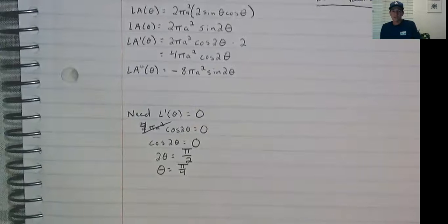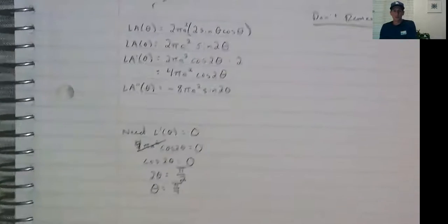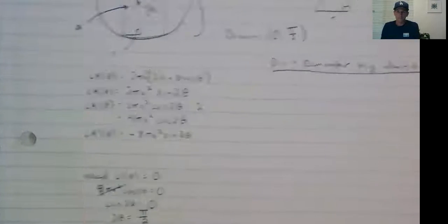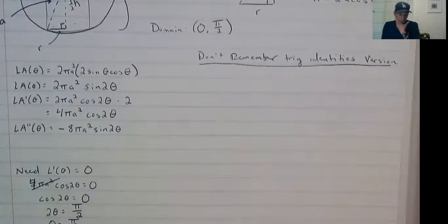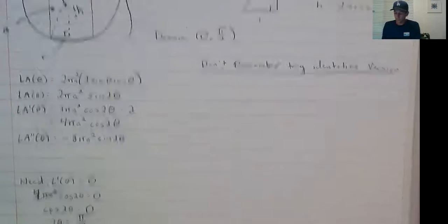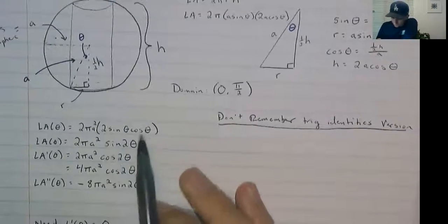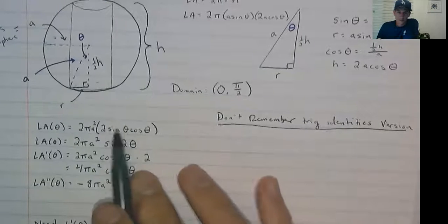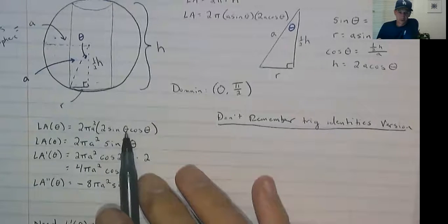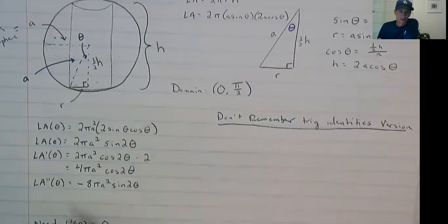Okay. Now you might be thinking, okay, well, that went pretty smoothly because I remember my trig identity. What if you didn't? We have this whole right side of the page to muddle through that process, and it will be muddling, let me tell you. So if you reach this point in our process and you're like, yeah, sine of 2 theta or 2 sine of theta times cosine of theta, nothing, crickets.